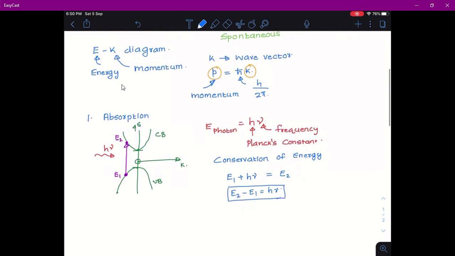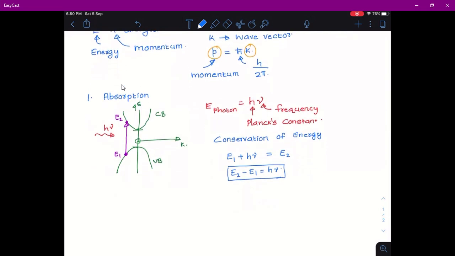So the difference between the energy levels before the electron absorbed the photon energy and the energy after it came into the conduction band should satisfy this relation. This is the conservation of energy.